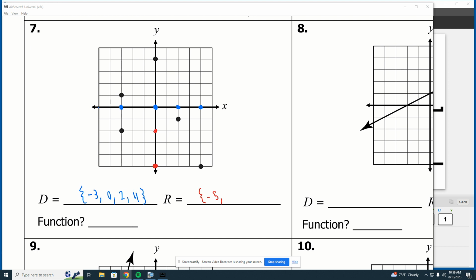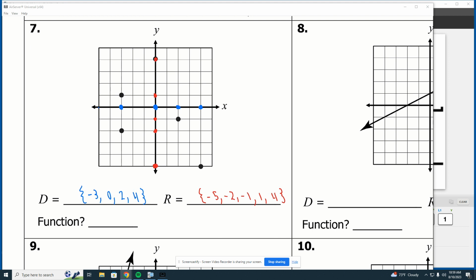Here's the next place I see a point to the left. What's that point on the y-axis? -2. Here's the next one. What's that value on the y-axis? -1. And then here's the next one. What's that value on the y-axis? And then finally, right on the y-axis, what's that number? So there's the list of all my ranges.